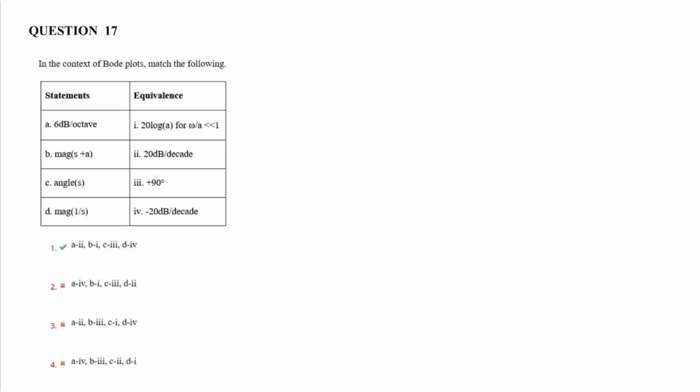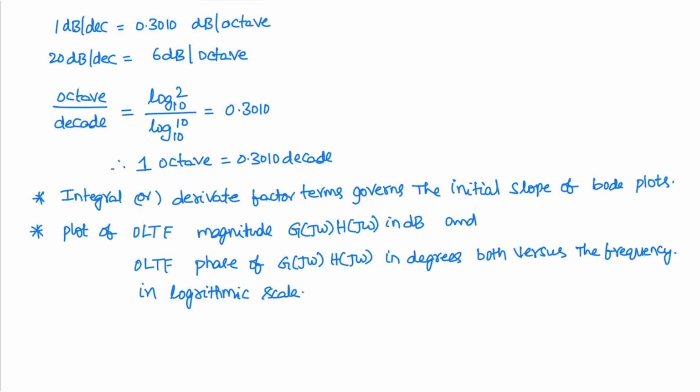Next question. 6 dB per octave is the same as 20 dB per decade. We know that 1 dB per decade is 0.3010 dB per octave. So from this, 20 dB per decade is 6 dB per octave. Now octave to decade: 1 octave is equal to 0.3010 decade.